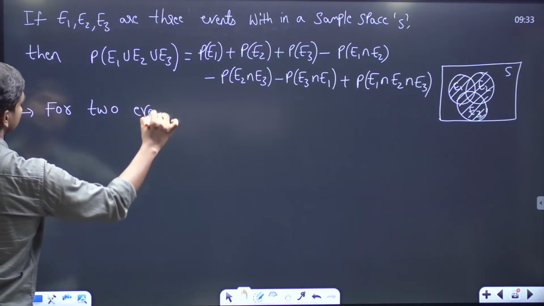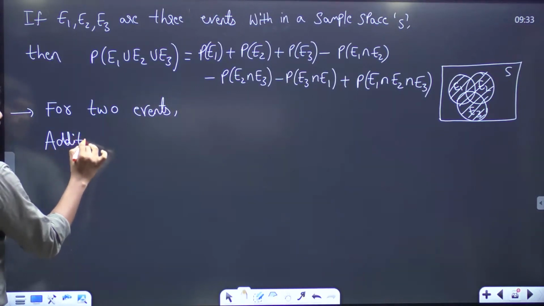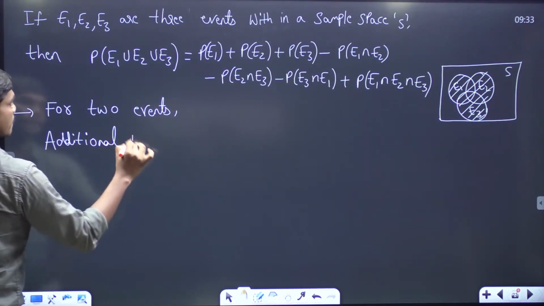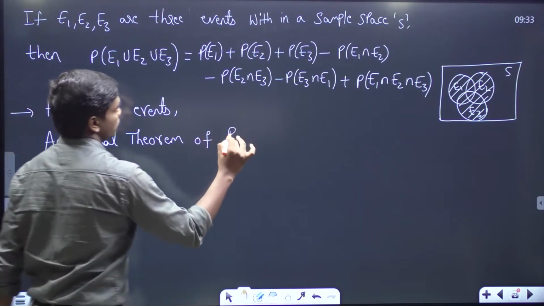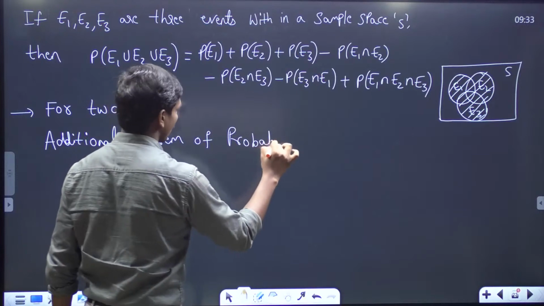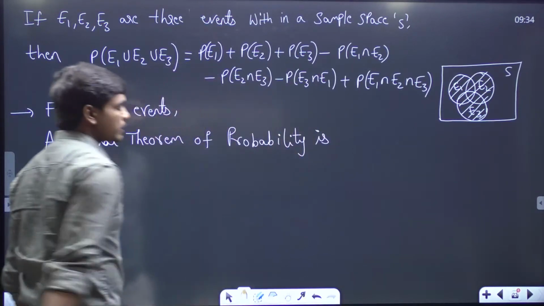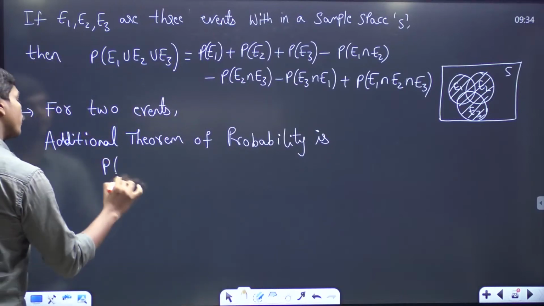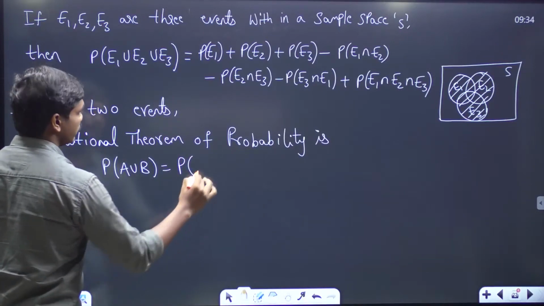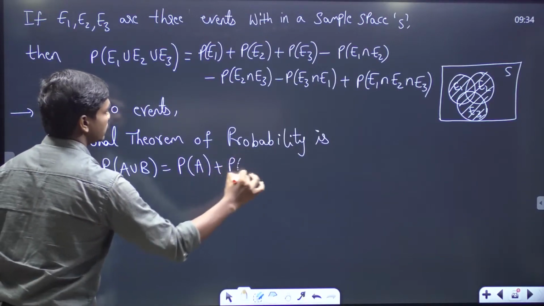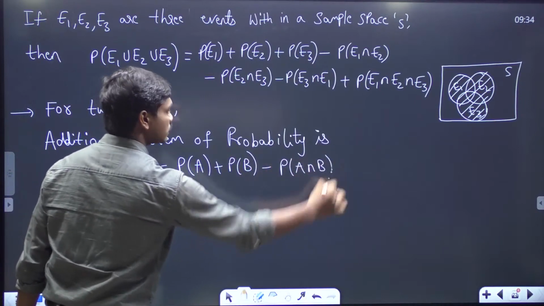For two events, the addition theorem of probability is P of A union B is equal to P of A plus P of B minus P of A intersection B. Correct? Because we can denote events with either E1, E2 and so on, or A and B.